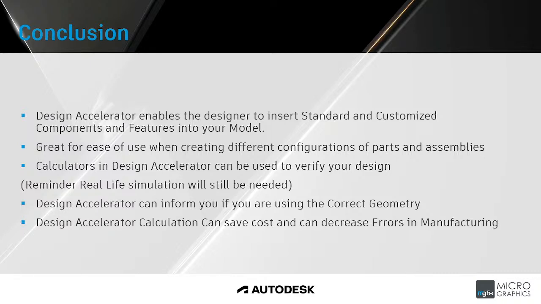Your Design Accelerators can inform you if you're using the correct geometry, like I showed in the pin. With the pin, I could see I can actually add material to my parts. So in some cases, you'll even be able to make your parts a little bit smaller and actually save on cost and save on material.